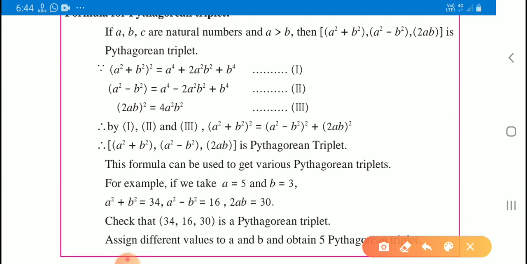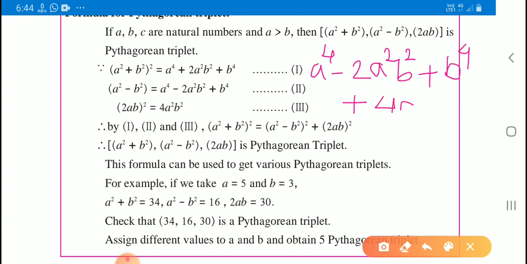If you put the values here, (a square minus b square) whole square is a raised to 4 minus 2 a square b square plus b raised to 4, plus 4 a square b square.